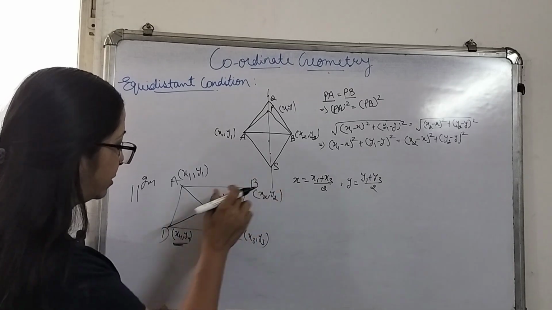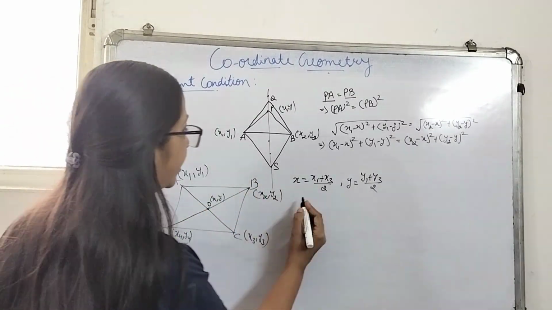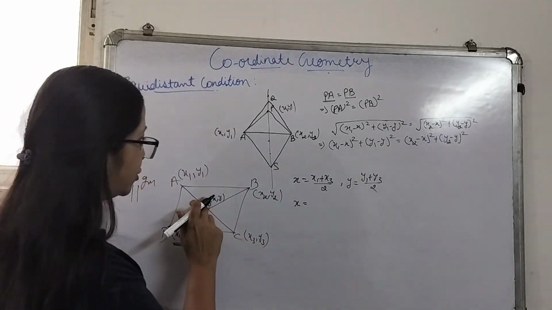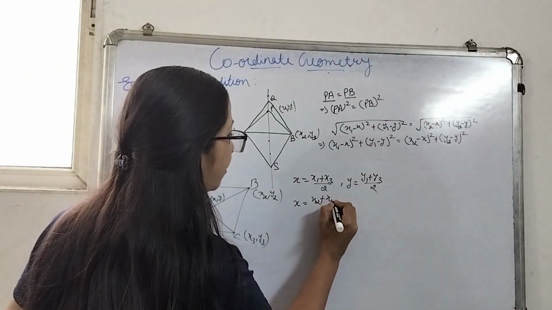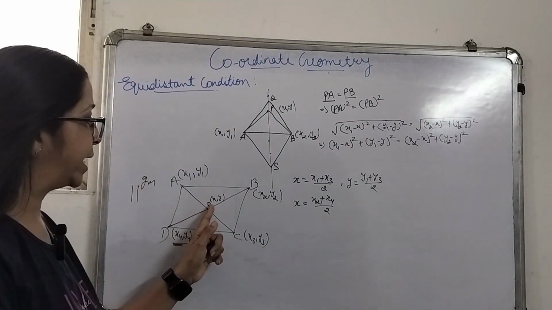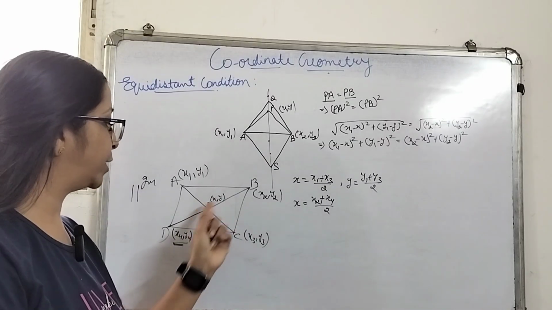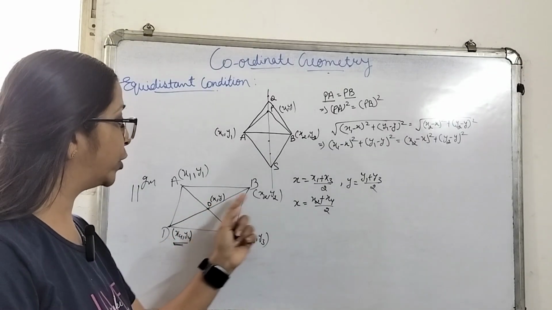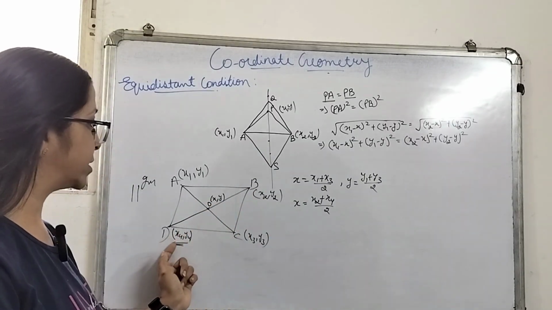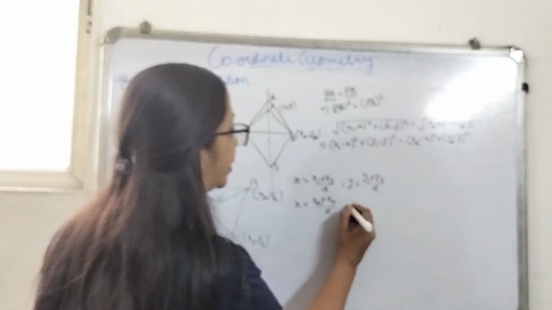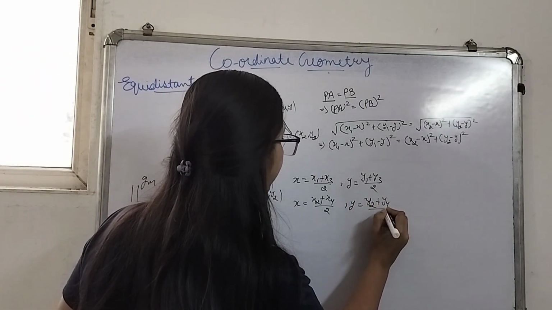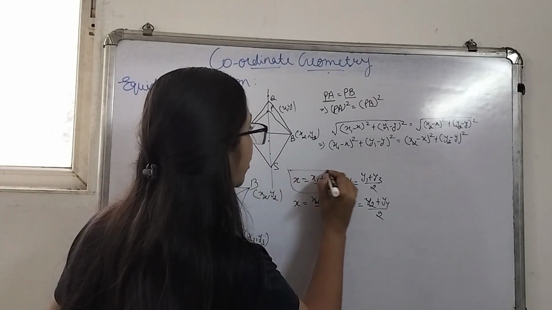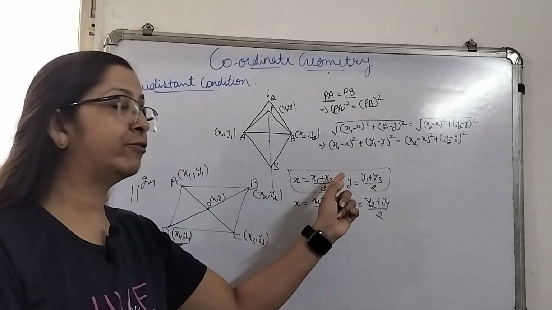Taking the diagonal BD, here also x will be equivalent to (x2 plus x4) by 2, because O is the midpoint of BD. That means the coordinate x will be (x2 plus x4) by 2 and the y coordinate will be (y2 plus y4) by 2.